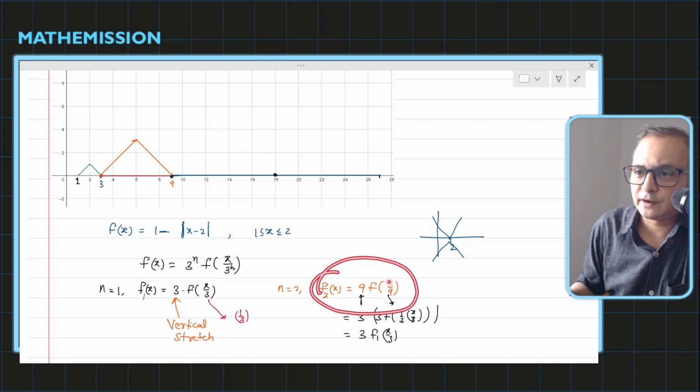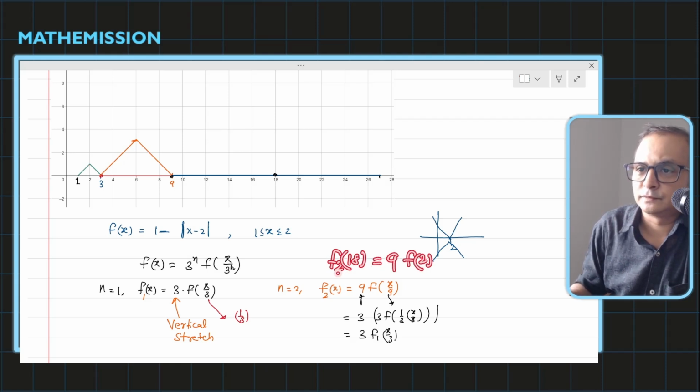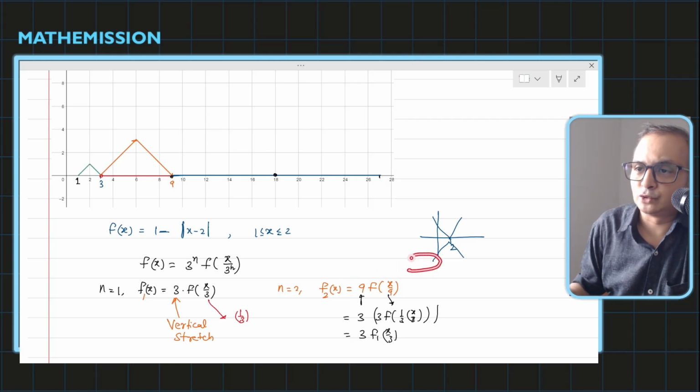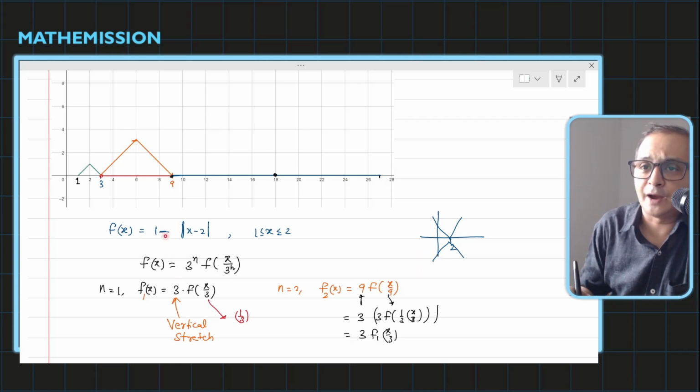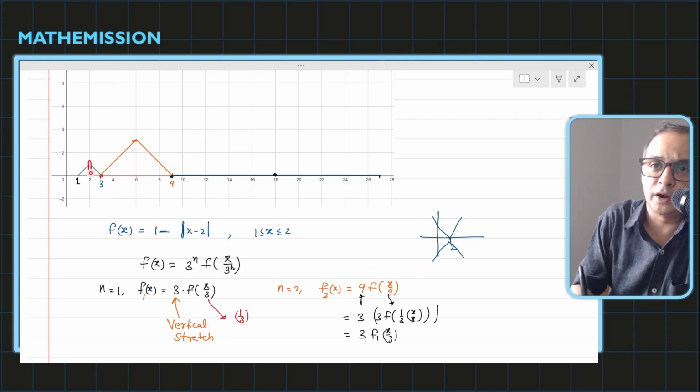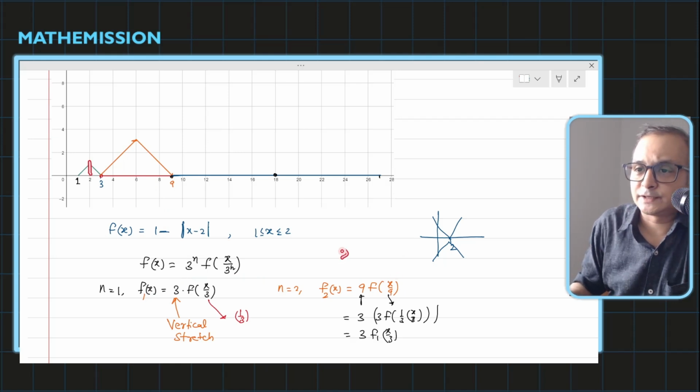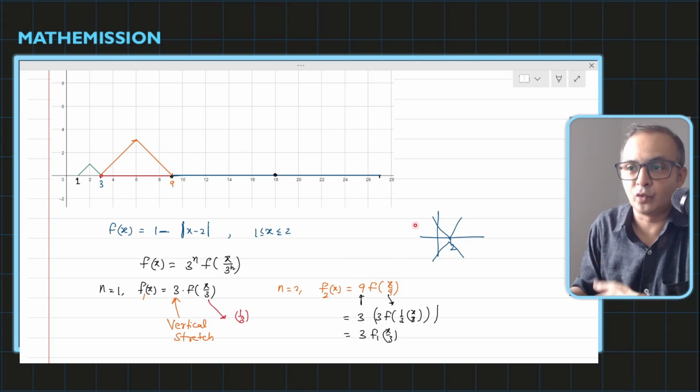If you substitute x equals 18, don't you see that f(18) will become 9 times f(2)? It means that f of 2, whatever you found, what was the value? 1. And now I was saying that f(18) is 9 times f(2), means 9 times 1.